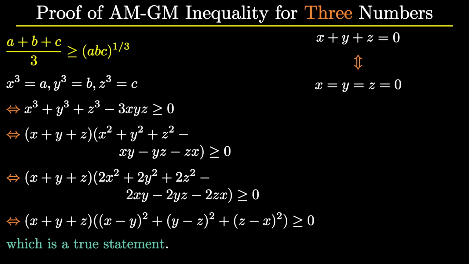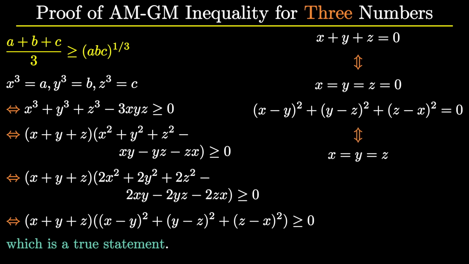The second factor consists of the sum of 3 squares, and the sum of 3 squares can be 0 if and only if each of the squares is 0. So the second factor can be 0 if and only if x is equal to y is equal to z. In either case, the equality holds if and only if x is equal to y is equal to z, which is equivalent to a is equal to b is equal to c.